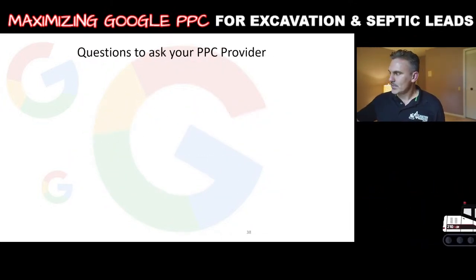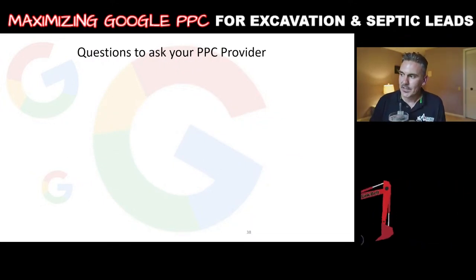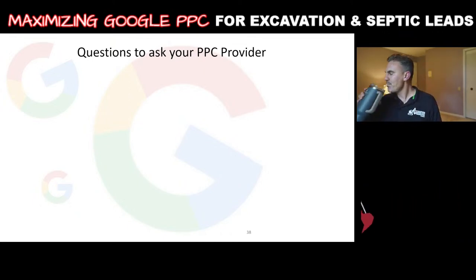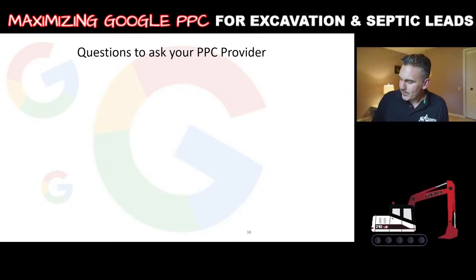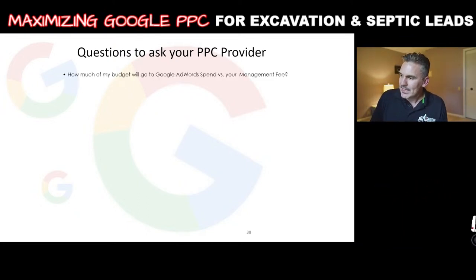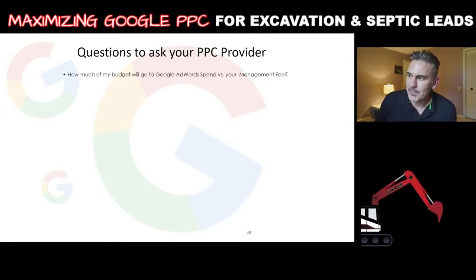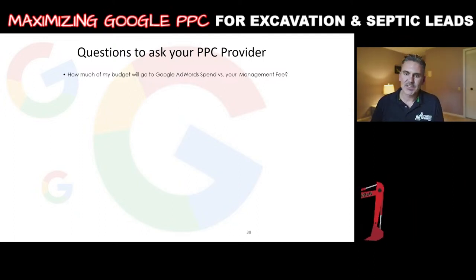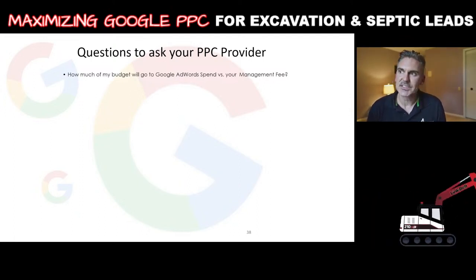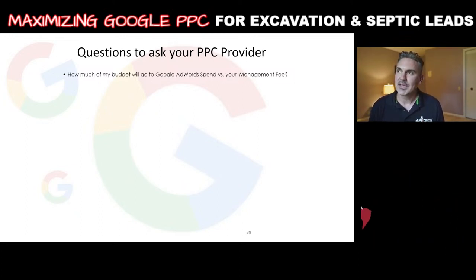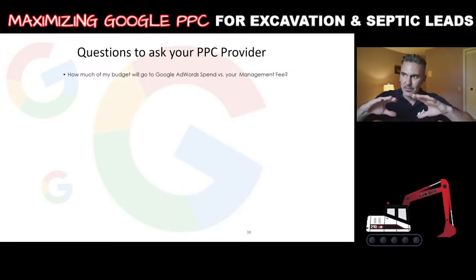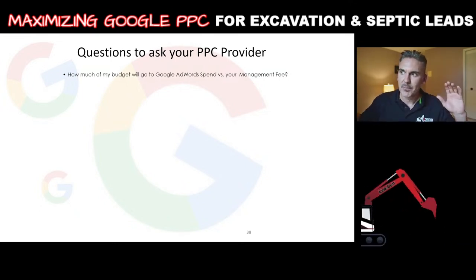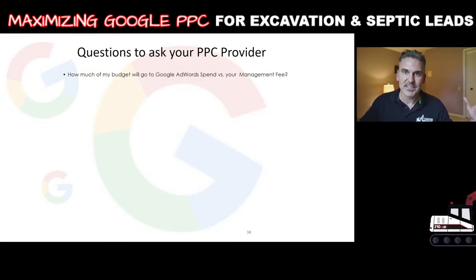Now, here's some questions that I would encourage you to ask your pay-per-click provider. I would ask them first, how much of my budget will go to AdWords spend versus your management fees? How some digital marketing agencies operate is they will have a management fee that covers everything from paid ads to whatever it is they do.